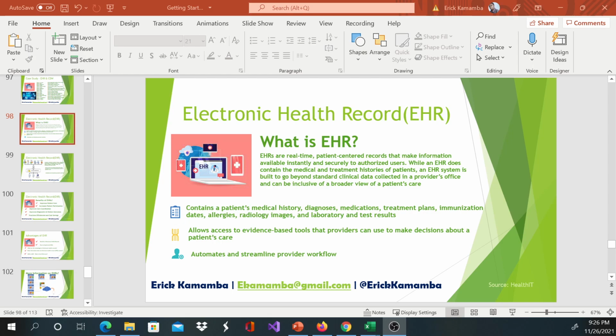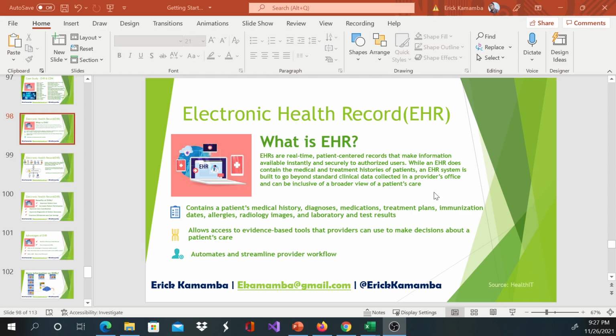Okay, so I'm gonna go through the definition here. While an EHR does contain medical and treatment histories of patients, an EHR system is built to go beyond standard clinical data collection in a provider's office and can be inclusive of a broader view of a patient care.